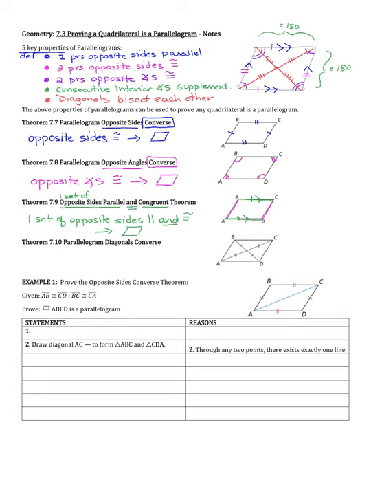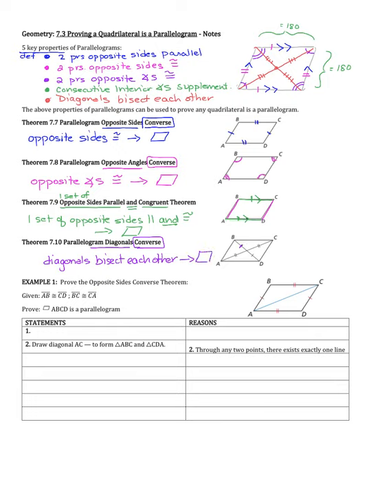Okay, then we have our parallelogram diagonals converse. Let's do purple. So again, this is a converse. And this one is saying that if the diagonals bisect each other, that is enough to show that you have a parallelogram.